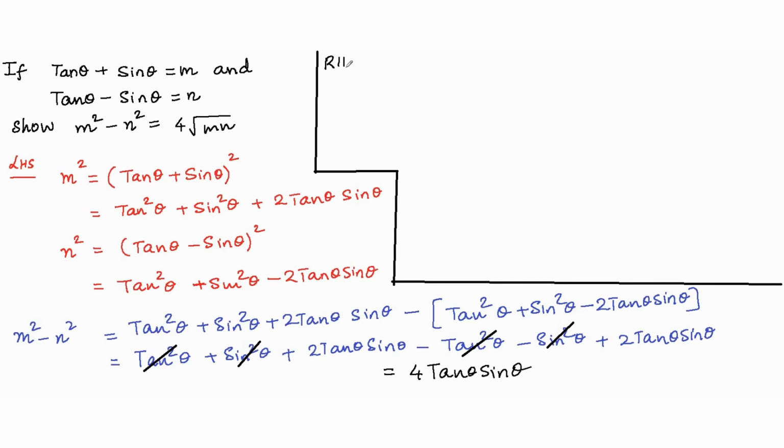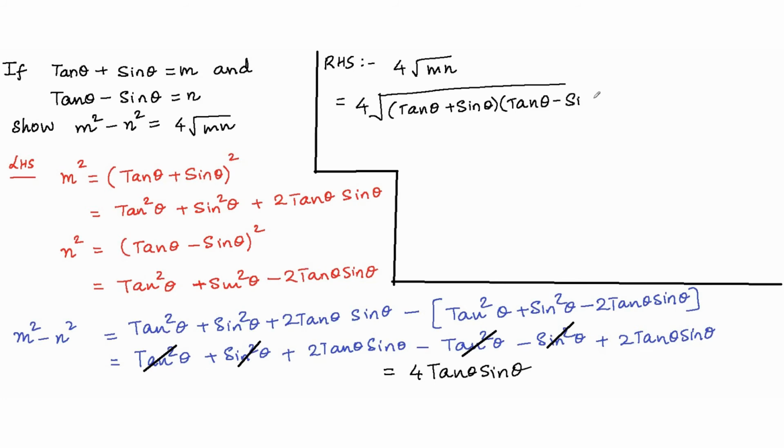So RHS is 4 times root mn. That is 4 times under root of m. M is tan theta plus sine theta. And n is tan theta minus sine theta. Therefore, this becomes 4 times under root of tan square theta minus sine square theta.